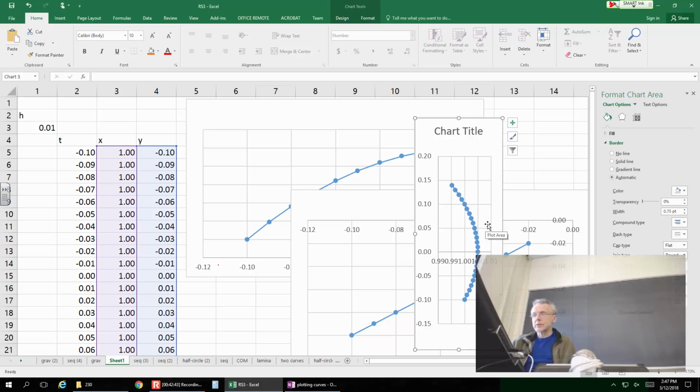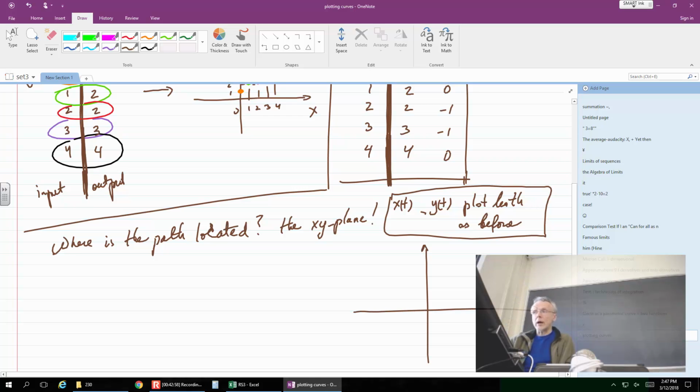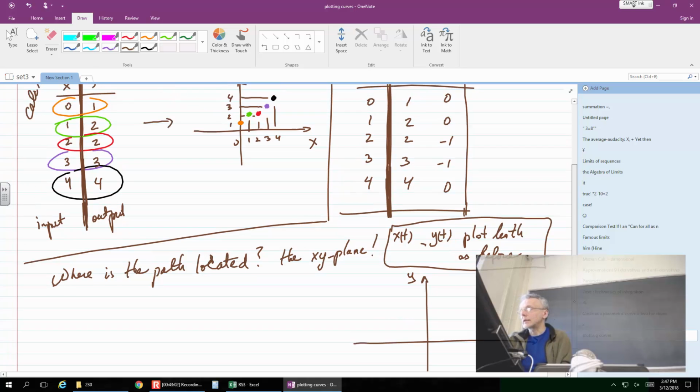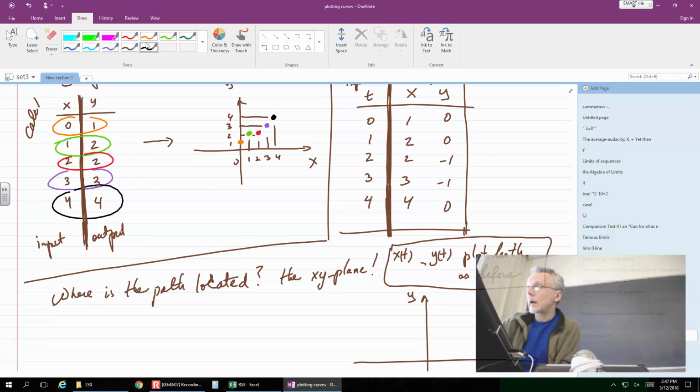So the answer is, whenever we're interested in the path, x and y combined, the answer is the xy plane. So pretty much the same answer, but the meaning is quite a bit different. So t is gone, and both x and y are the two dependent variables. And so that's what I do. I plot these.